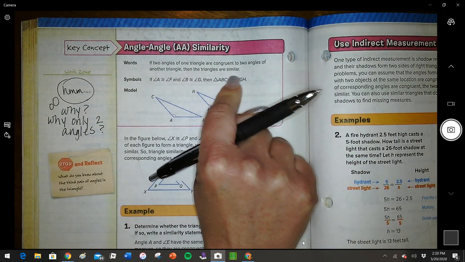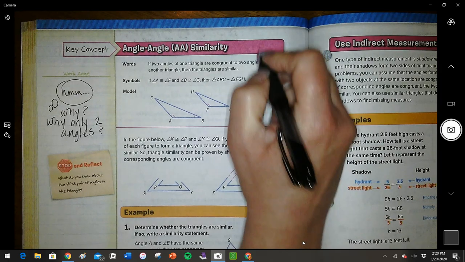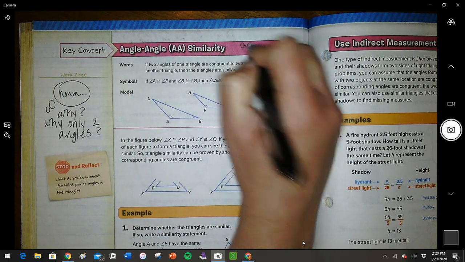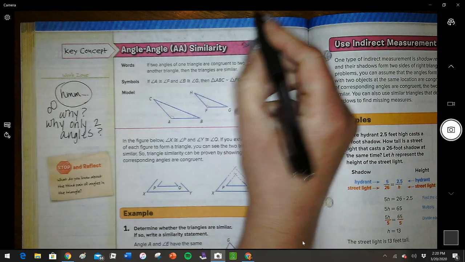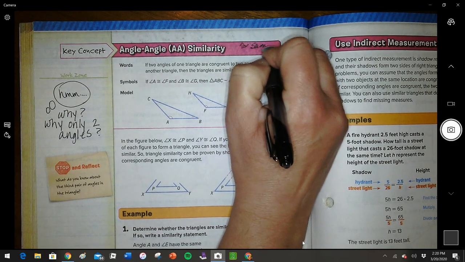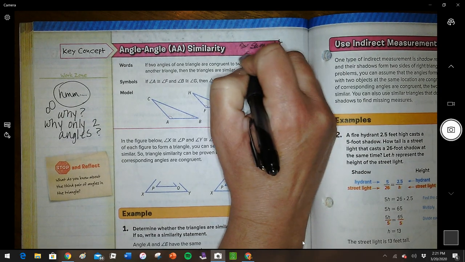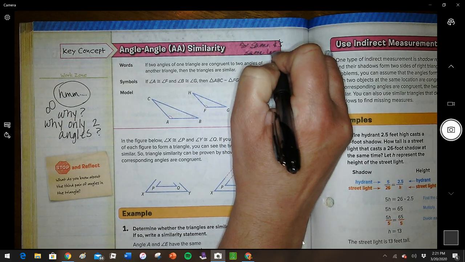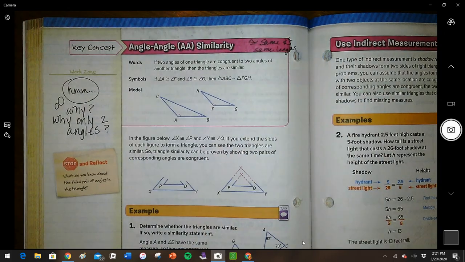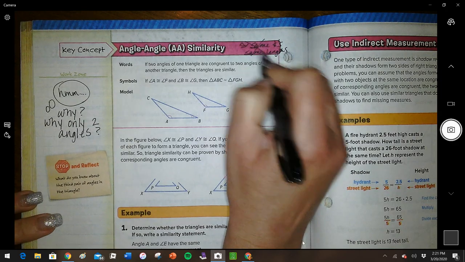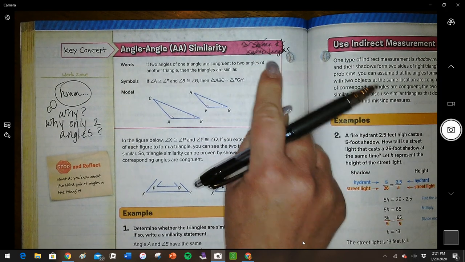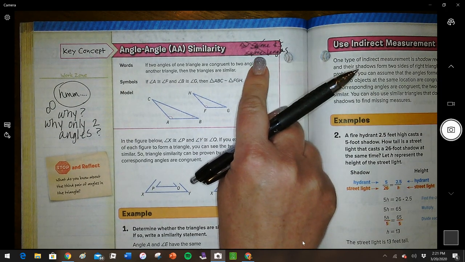For congruent triangles or congruent figures, you have to have the same angles and the same side lengths, right? The lengths of each side have to be the same. And that's not what this is saying. This is just saying you have the same angles, but not the same side lengths, okay?